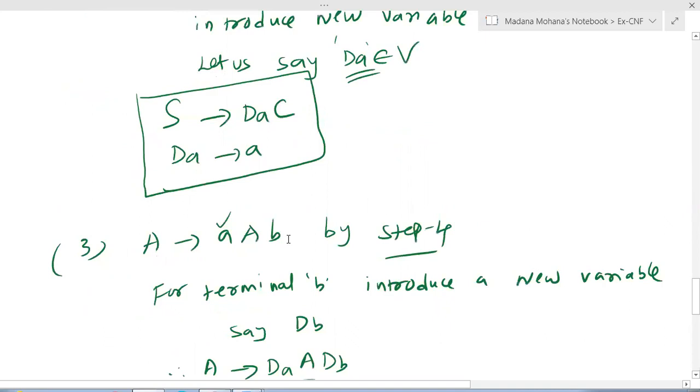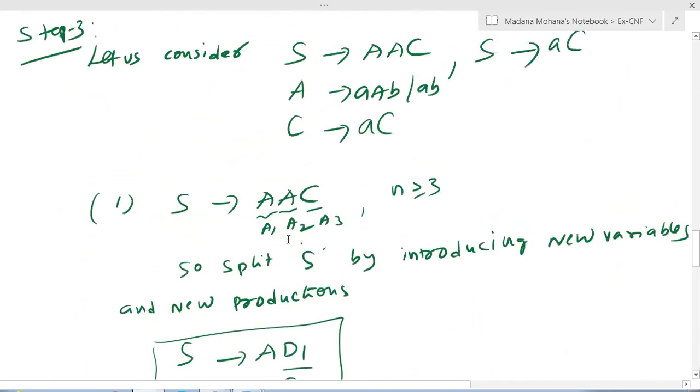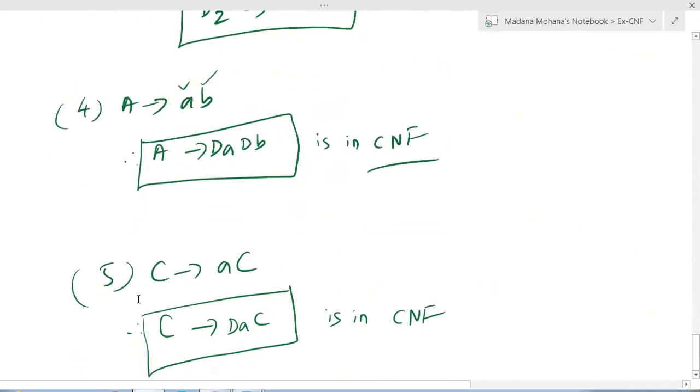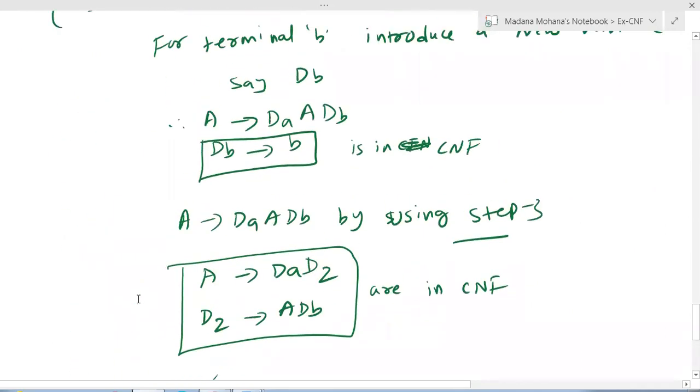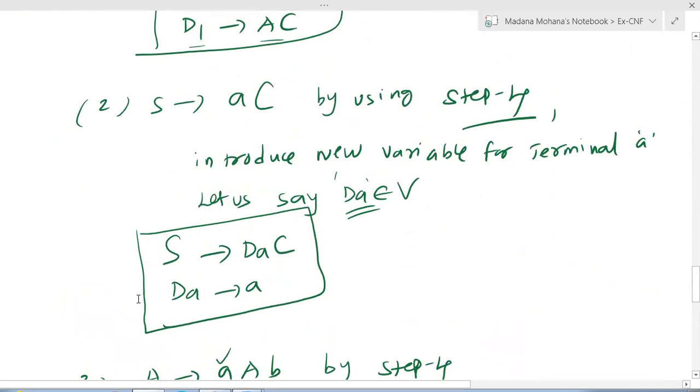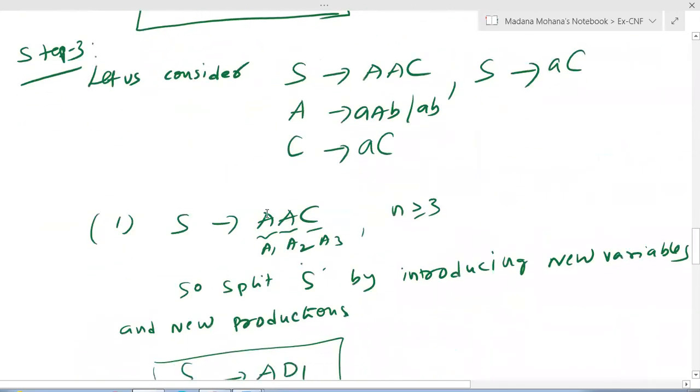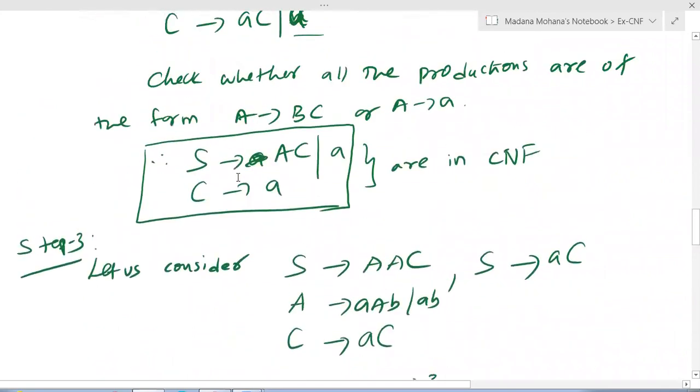Now you can write down all productions at one place, with steps 1, 2, 3, 4, 5. All new productions are represented within a rectangle box. Then, some original productions are already in the required form.